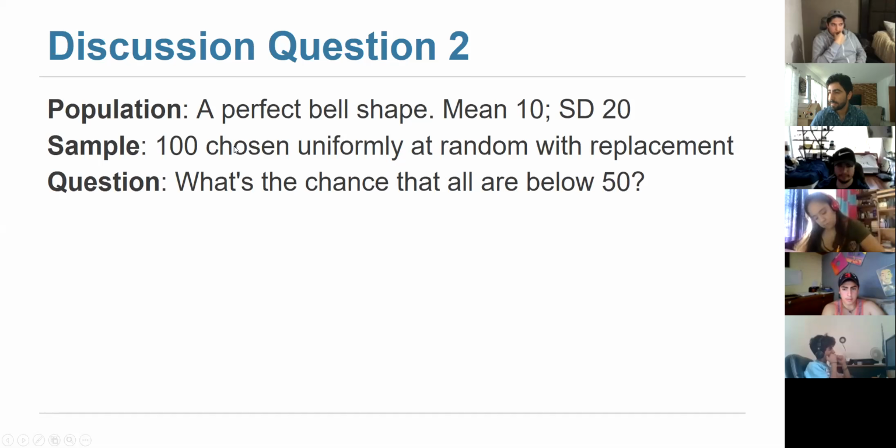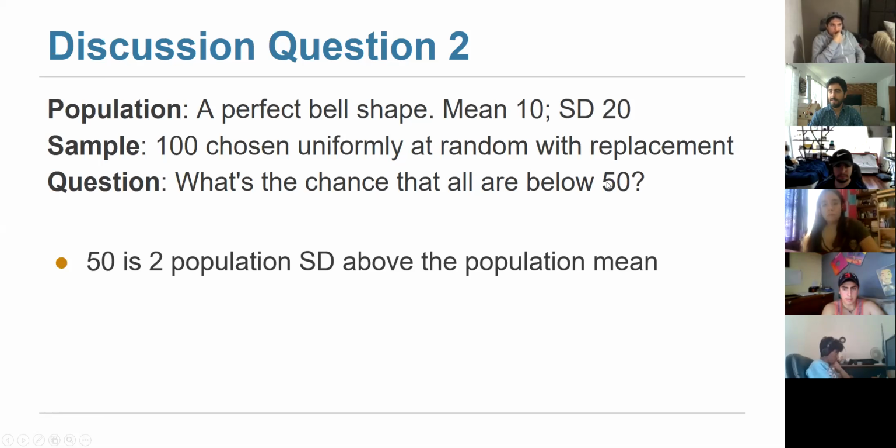We're going to do that 100 times with replacement. And the question is, what's the chance that all these hundreds are below 50? So 50 is 2 population standard deviations above the population mean. So here, the mean is 10, the standard deviation is 20.